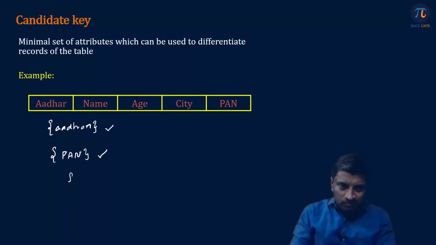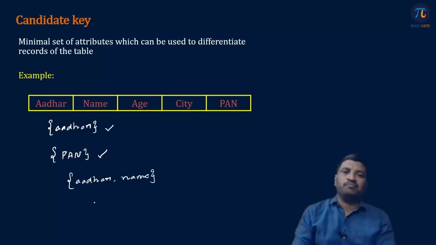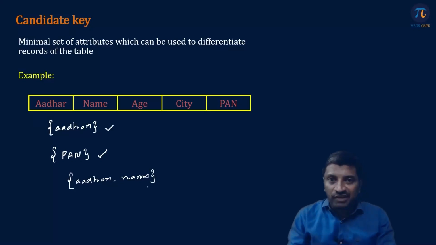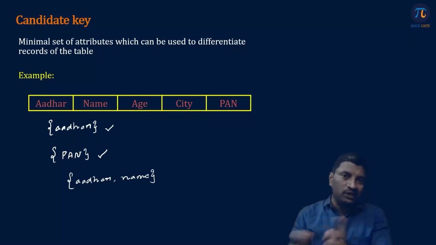For example, suppose we have a set with Aadhaar number, comma, name. Now this set of attributes can be used to differentiate any two persons or any two records of the relation, because Aadhaar number is enough to differentiate any two persons.